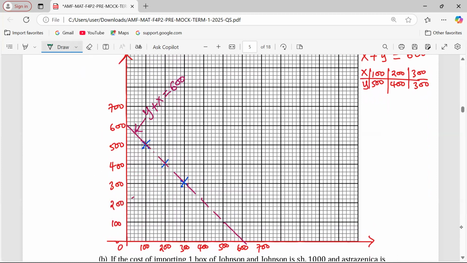So let me use a different color. I employ green this time around. So this is now the borderline, x equals 500.